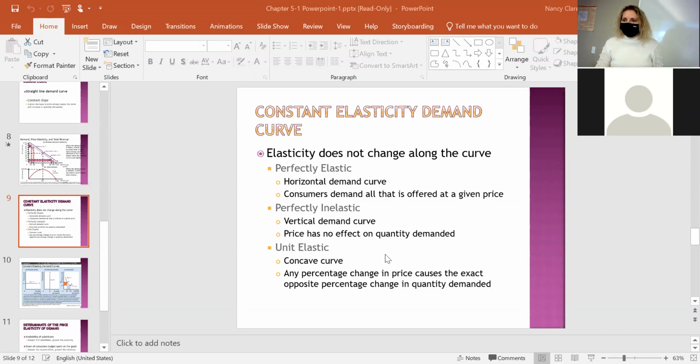So perfectly inelastic would be a vertical demand curve, which basically would imply that you and I would demand some given quantity of that good, no matter what the price was. That the quantity demanded would stay relatively consistent. We alluded to some of these goods in prior lectures.